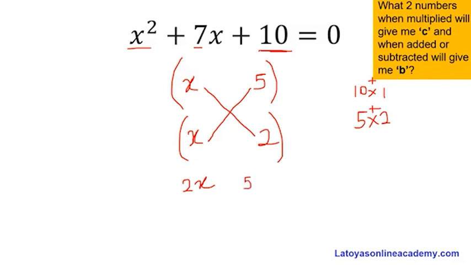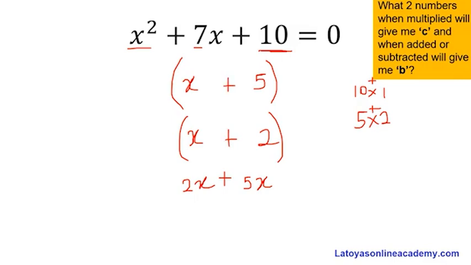Now I have to decide what signs I need to put here so that I can get 7x. So I need to add. So 2x plus 5x is going to give us 7x. Remember in algebra, you can add and subtract like terms. We have 2x and 5x, and that is giving us positive 7x. So it means that in our brackets, we are going to have positive signs.